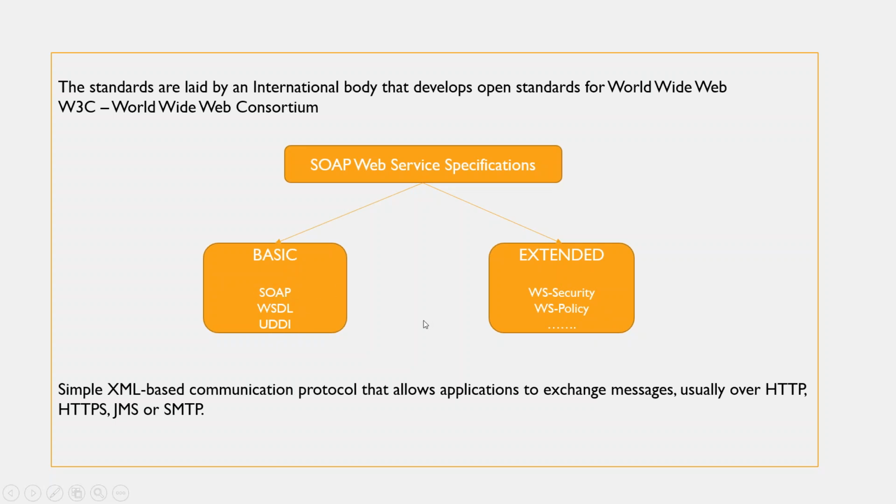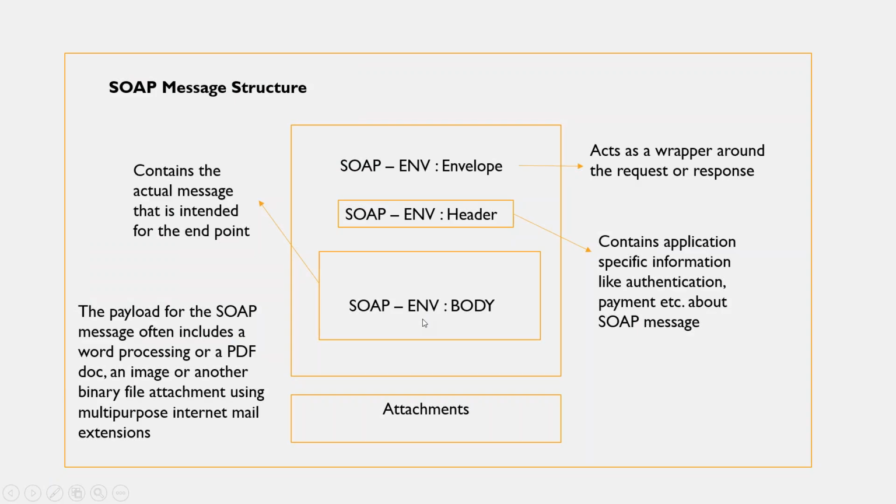Let's start with SOAP. What are SOAP web services? They are the protocols or rules that define how two applications will talk to each other over the web. All the information or message exchange happens over a common format called XML. These XML messages have a defined structure called the SOAP message.